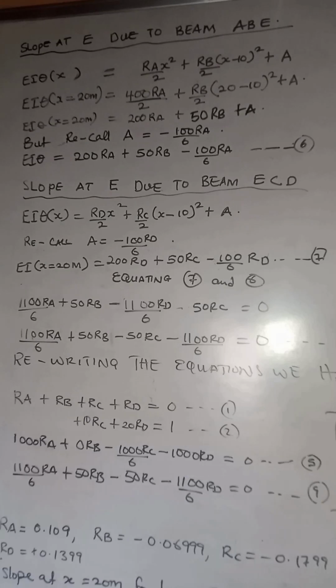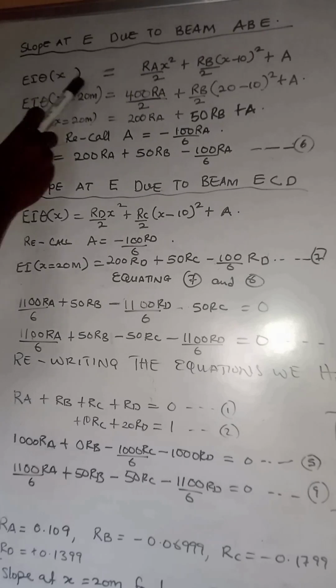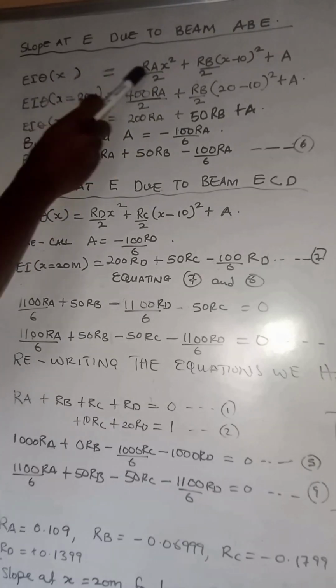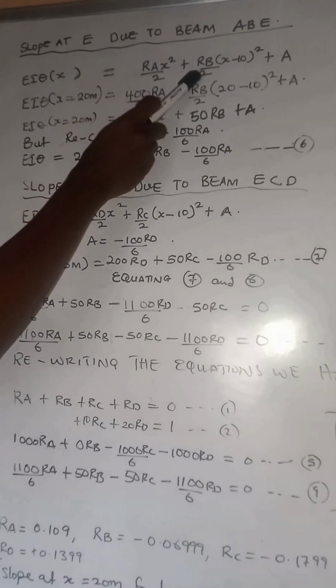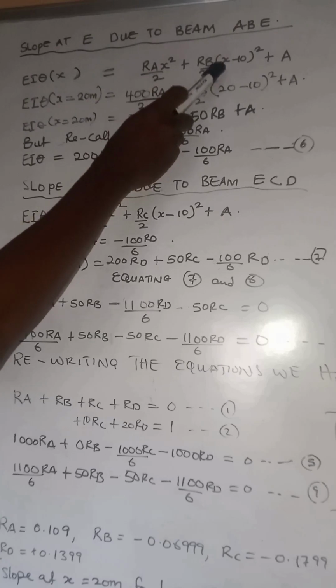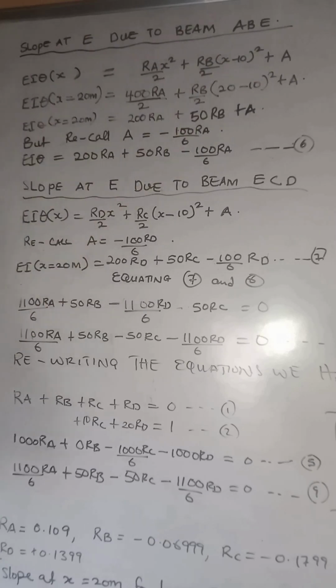So we're going to look at the slope at E due to beam AB. The slope expression we have is RA x squared over 2, plus RB over 2 (x minus 10) squared, plus A. Now we are going to check the slope at point x equal to 20.